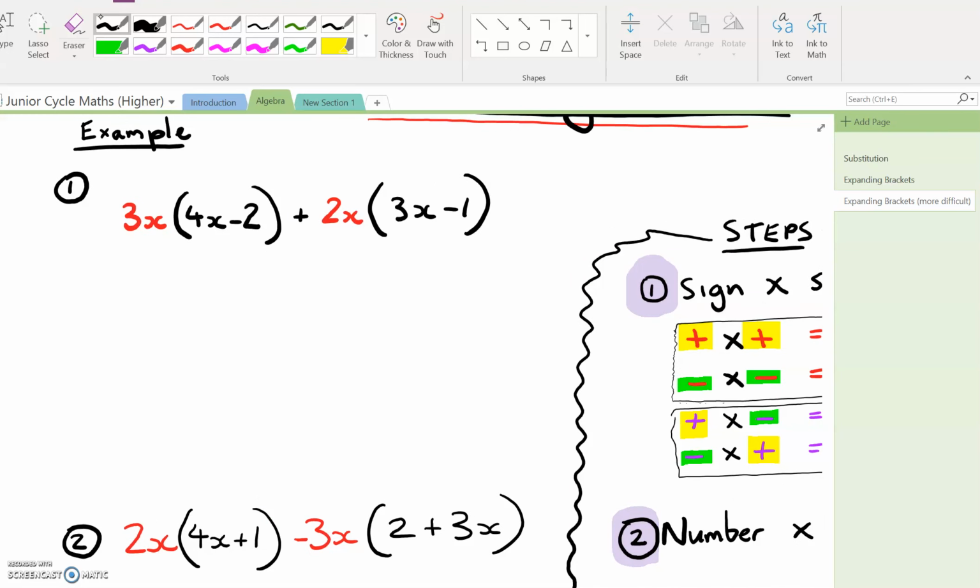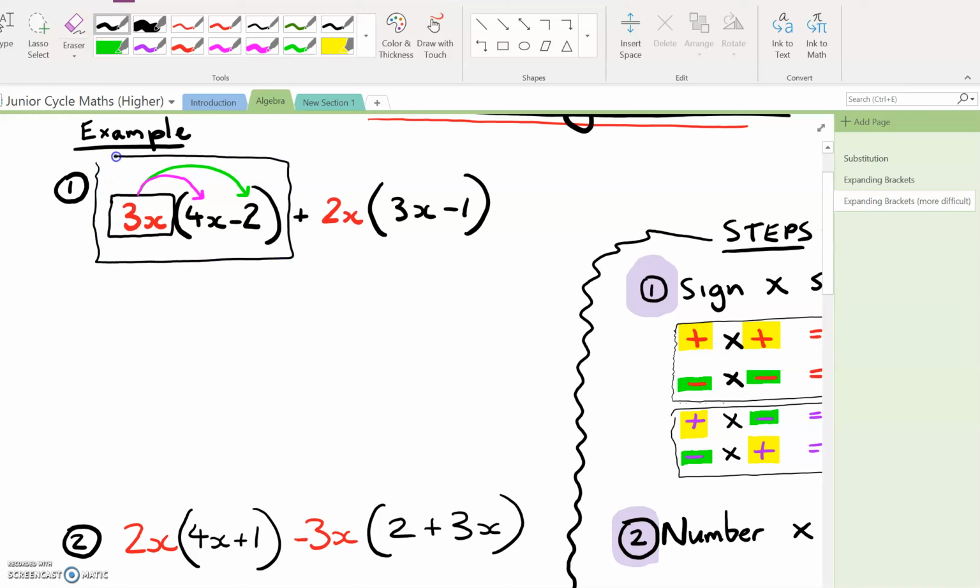We looked in the last video at multiplying this term outside the brackets into the brackets by the first term and then by the second term. And we learned how to do that. In these questions, we have to do that twice because we have to do it again over here.